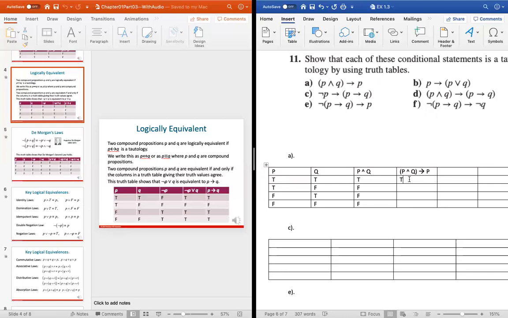True implies true is true. This false over here implies this true over here is true. Likewise, this false implies this false, it's going to be true. And then false implies false is true. Again, using the truth tables of the implication and conjunction, we simplified this and found out that it is a tautology.